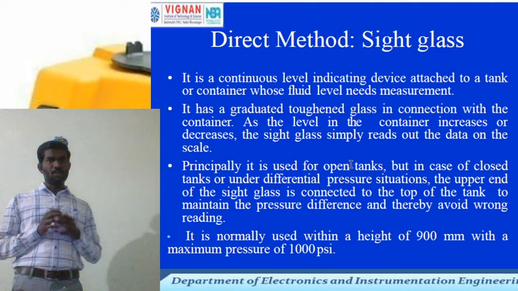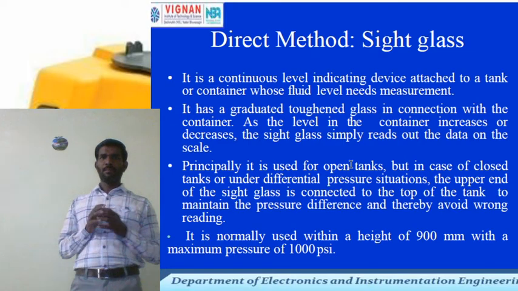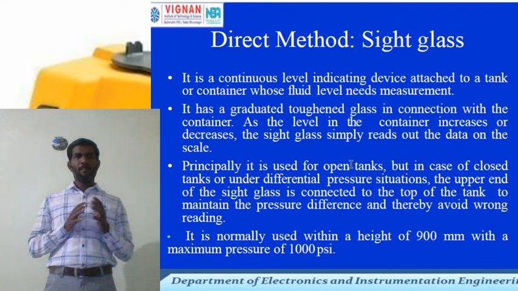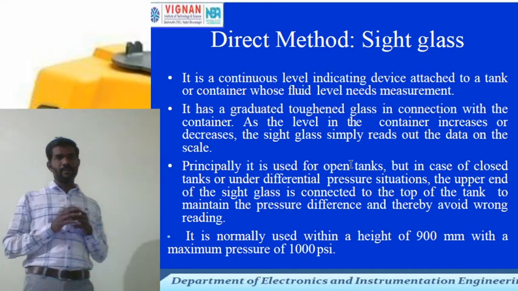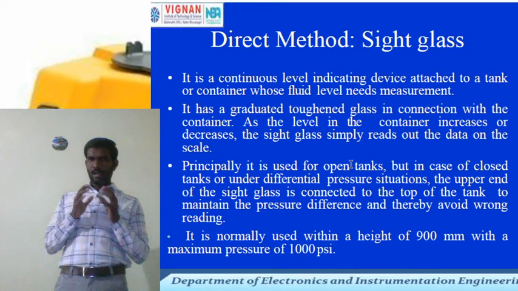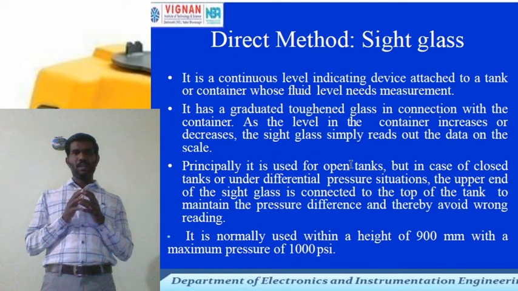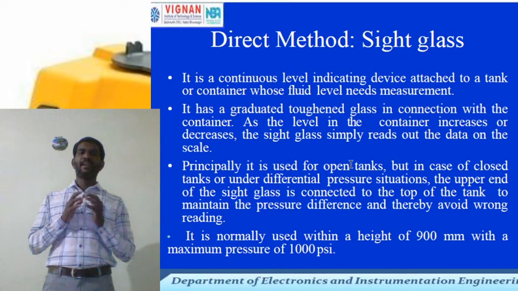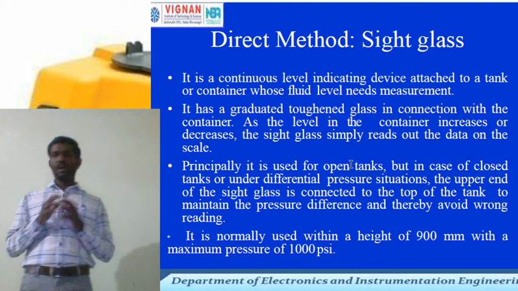This will be attached to an open tank, but in case of a closed tank under differential pressure situations, the upper end of the side glass is connected to the top of the tank to maintain the pressure difference and avoid wrong readings. It is normally used within a height of 900 mm with a maximum pressure of 1000 psi.